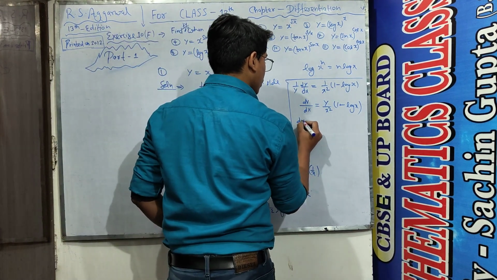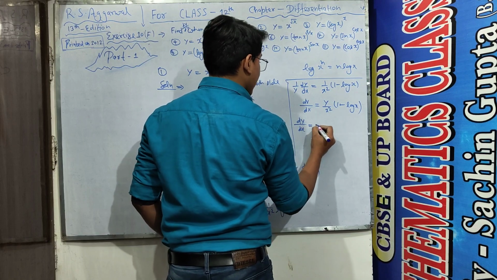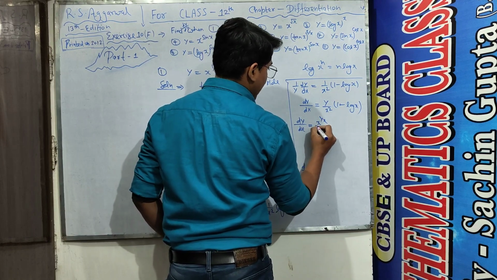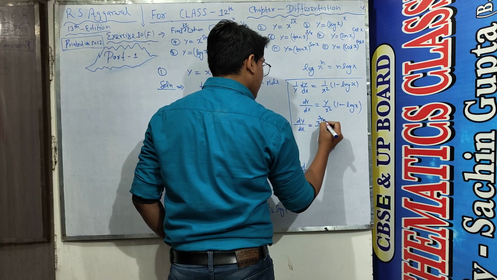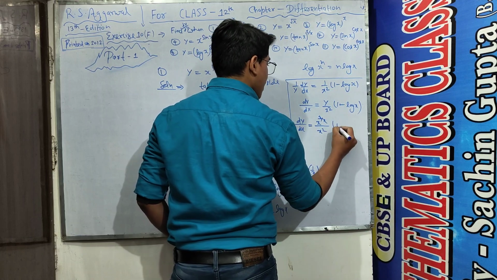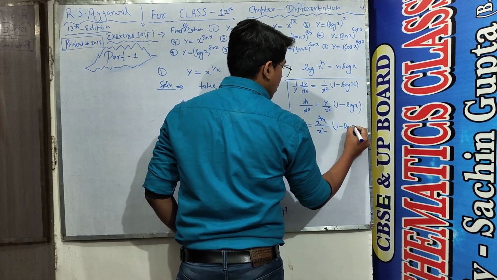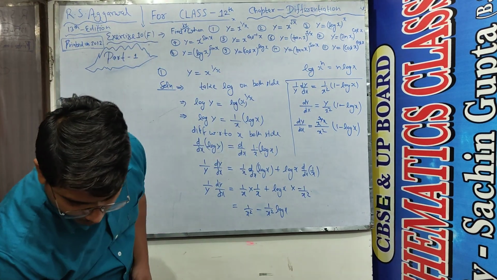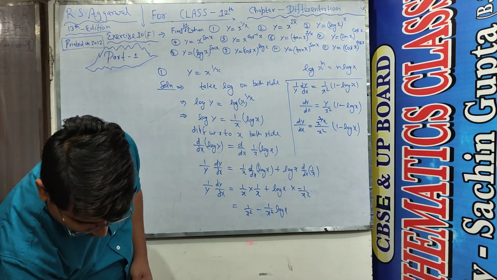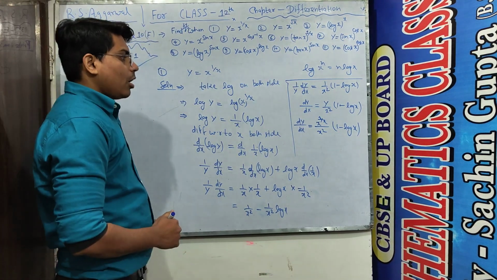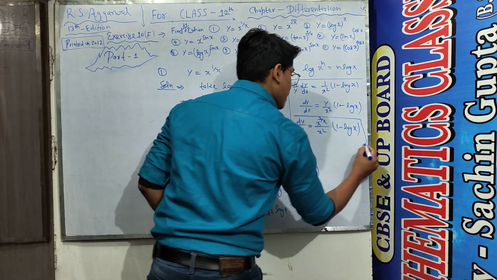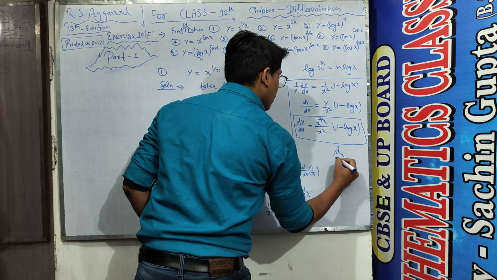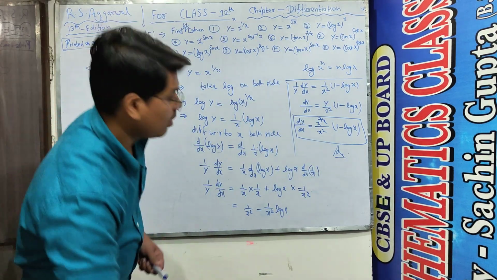So it becomes x raised to the power 1 by x upon x square into 1 minus log x, or you can say this is your answer. Now this is our answer of question number 1.